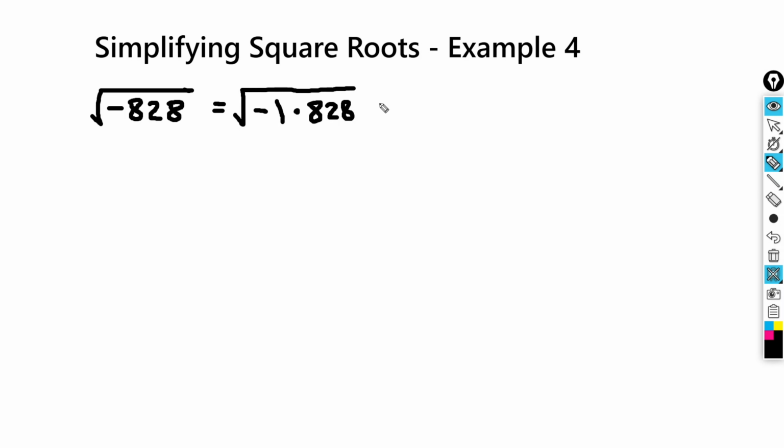Okay, so if I do that, well, I can get the square root of -1, which we know is i, times the square root of 828.